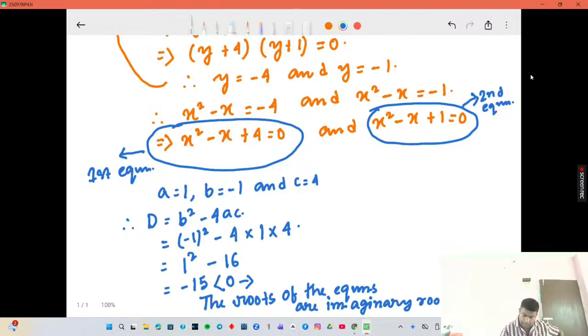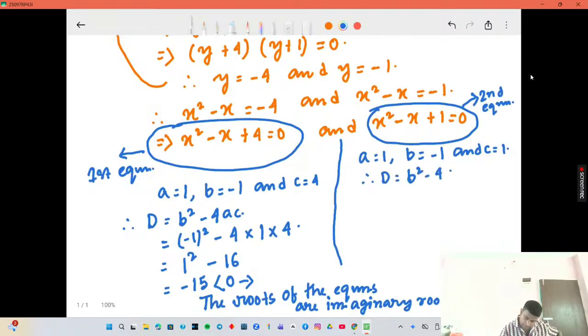And now we will solve this second equation. Here also we will find the discriminant. Here a is equal to 1, b is equal to minus 1 and c is equal to 1. Therefore D is equal to b square minus 4ac is equal to (minus 1) whole square minus 4 into 1 into 1 is equal to 1 minus 4 is equal to minus 3.